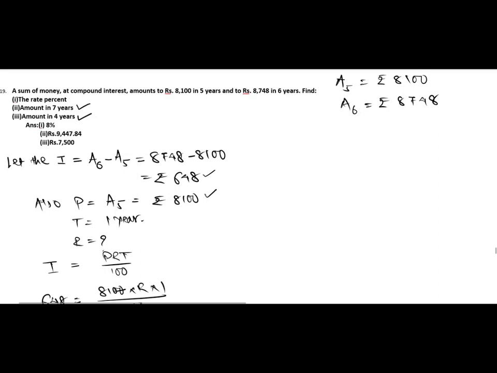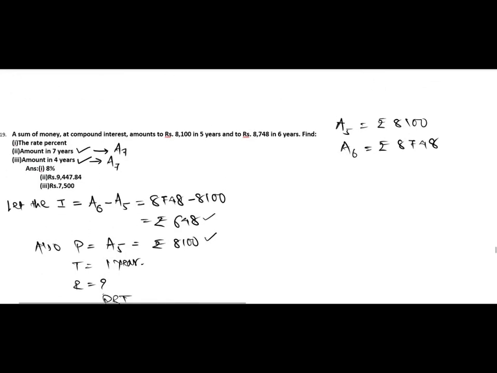Now we have to find the amount in 7 years, A7, and the amount in 4 years. The same relationship which can be applied to the compound interest of consecutive years can also be applied to amounts of consecutive years, right? So A7 will be A6 plus R% of A6.